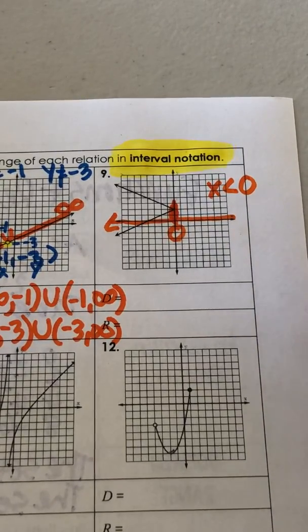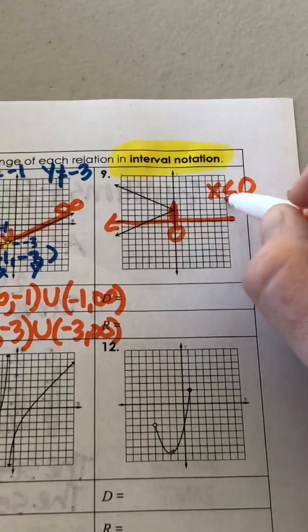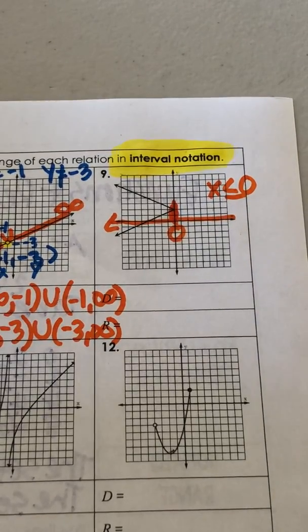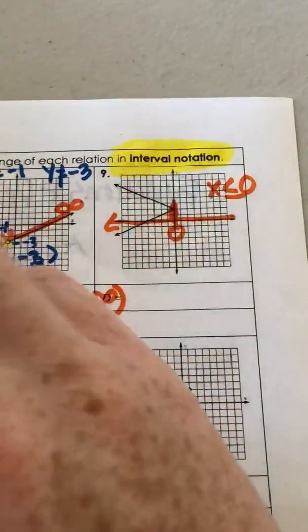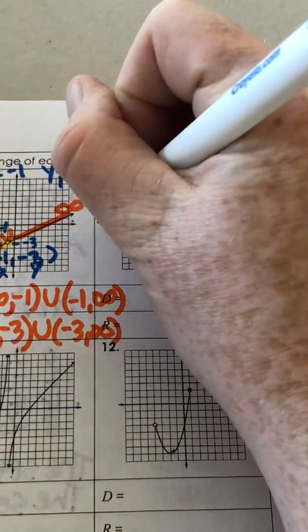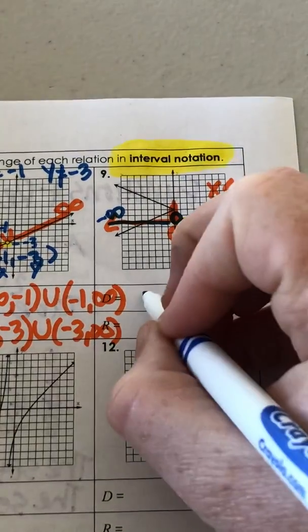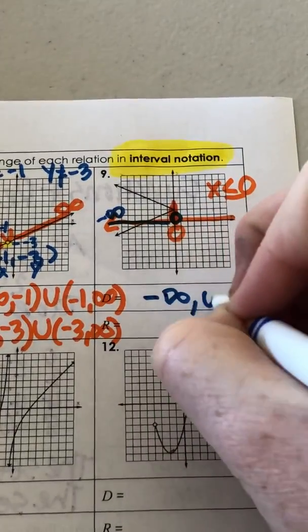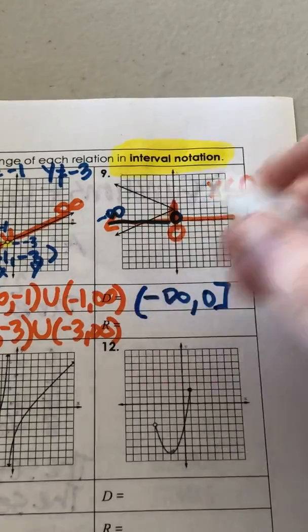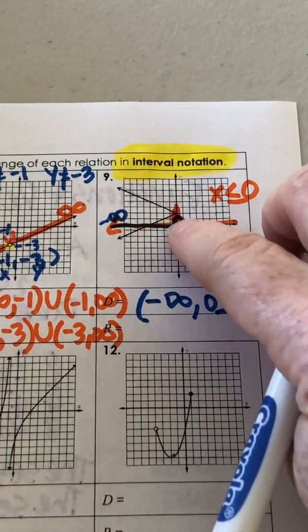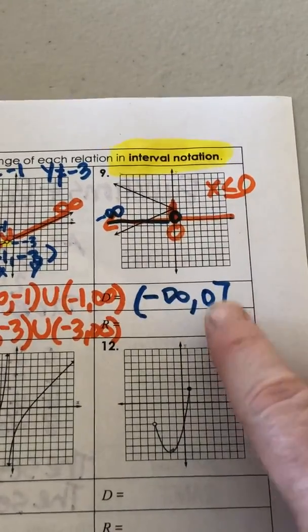So less than 0. And then at 0, there's definitely a point included. So x is less than or equal to 0, which would mean, like on a number line, -infinity to 0. So that's your domain here. We're going to include the 0 because part of the graph is on 0. There wasn't a hole, so it's definitely included.